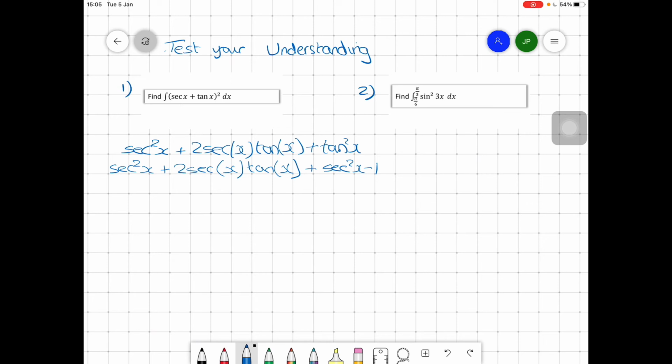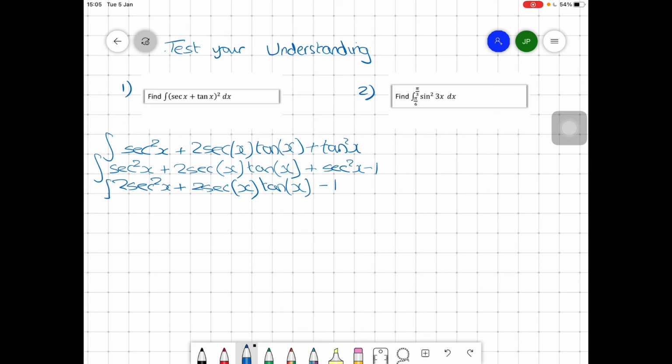Again, both of these parts I know how to integrate happily. Now, all I've got to do, because these terms are added together, I can integrate all terms separately. So, integrate of 2 sec squared, because I've now got 2 of them together. So, what we will do first is let's just tidy this up. So, I'll have 2 sec x tan x minus 1.